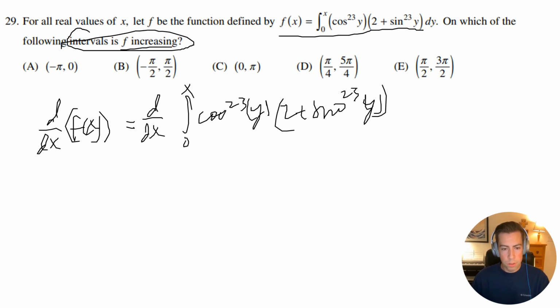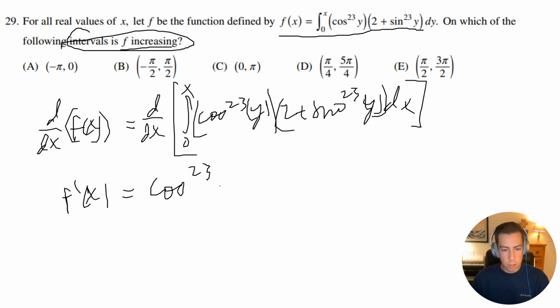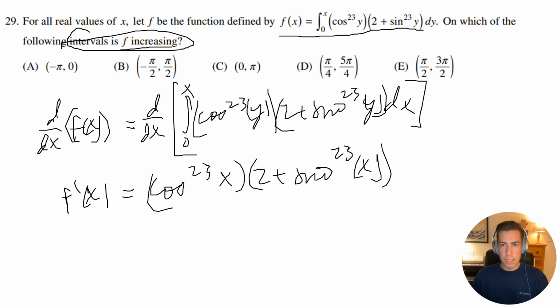Okay, so once I use that derivative operator, then I'll have f prime of x equals cosine to the 23rd x, and then 2 plus sine 23rd x. Now that's just the kind of hand waving here, but that's basically the fundamental theorem of calculus that we can apply here.